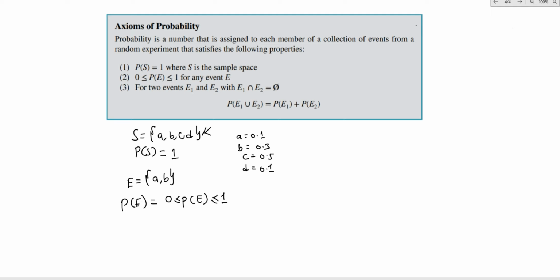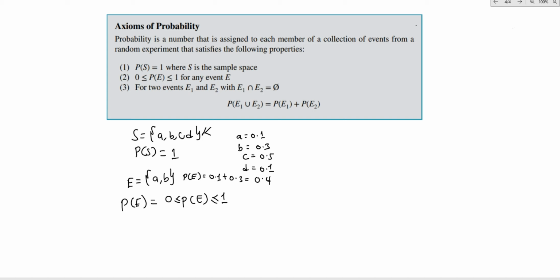And then we have event E, which contains the outcomes A and B. That means that the probability of event E will be equal to the probability of outcome A plus outcome B. That gives us a value of 0.4. So you see that the probability of this event is between 0 and 1, and that is 0.4.